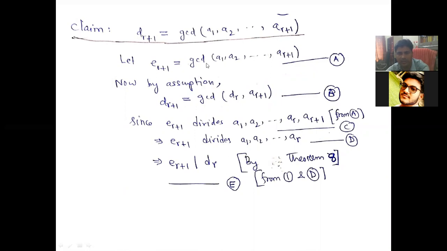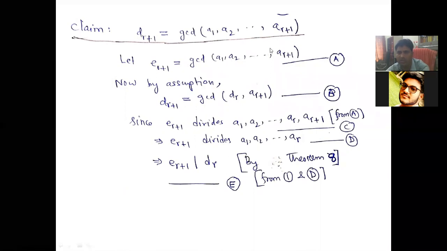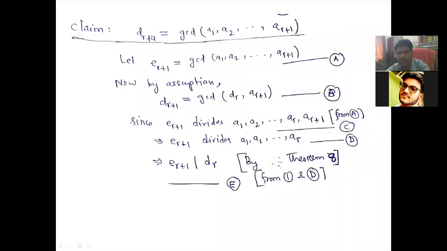Let Er+1 equal GCD of A1, A2, ..., Ar+1. We suppose this. So what do we need to prove? We need to prove that Dr+1 equals Er+1. Since we have supposed this GCD, these two should be equal; this we need to prove.